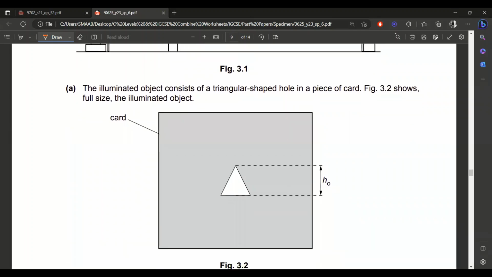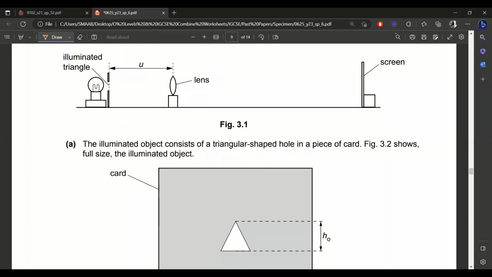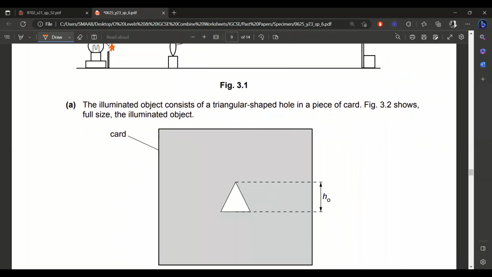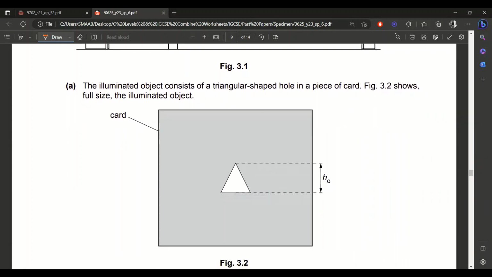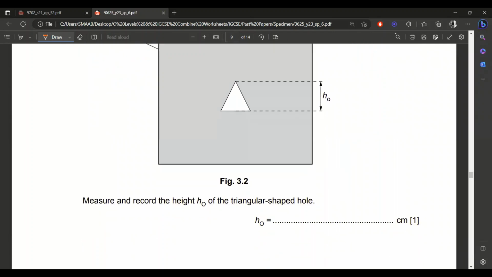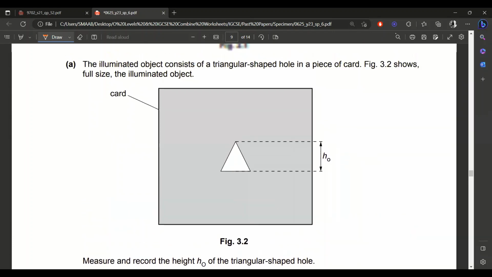So basically this piece of card is placed over here, right? There is a triangular shaped hole in the card. Figure 3.2 shows full size the illuminated object HO. Measure and record the HO of the triangular shaped hole. So you have to measure the HO. So how do you measure the height HO?